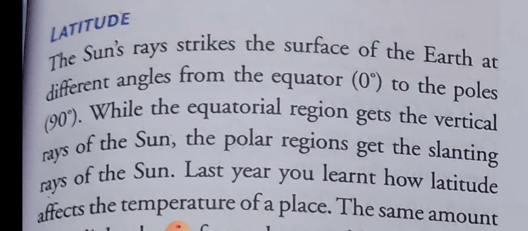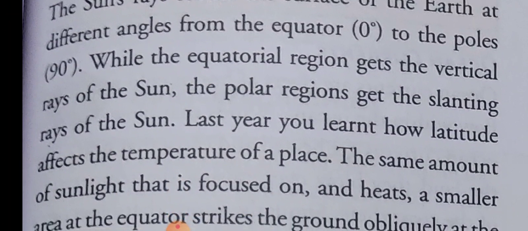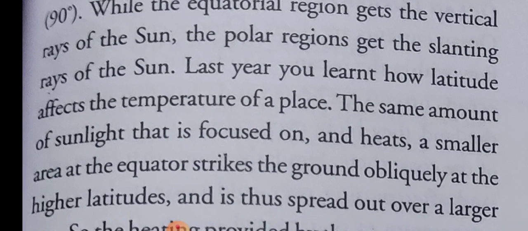Why? What is the reason? Because of the shape of the earth. So already you know the latitude affects the temperature of a place. The same amount of sunlight heats a smaller area at the equator.